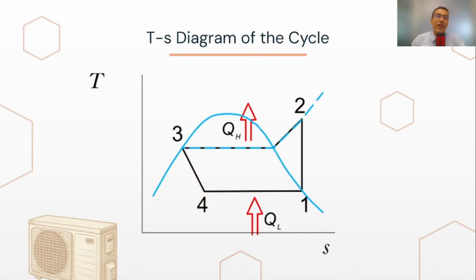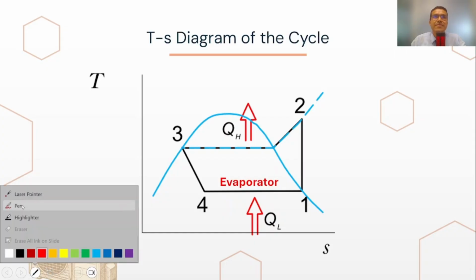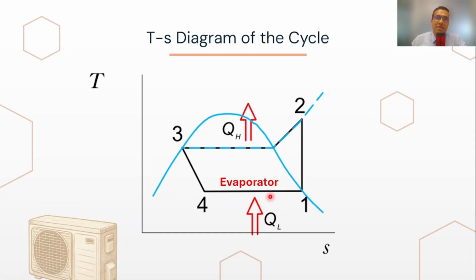This TS diagram shows the four key processes that make up the vapor compression cycle. From point 1 to point 2, the refrigerant is compressed adiabatically in the compressor.